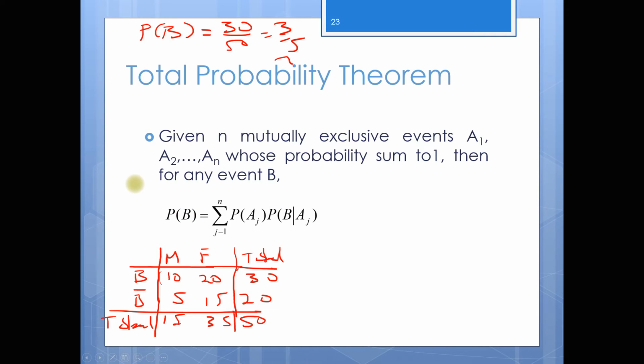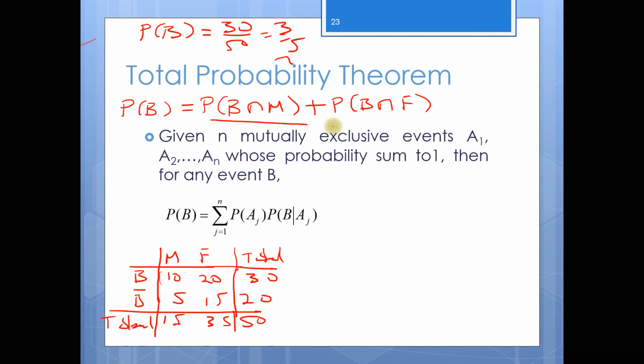Okay. If I ask you to find the probability of a student wearing black, you might agree with me that the probability that a student is wearing black is the same as the probability that a student is wearing black and is a male, or, which is plus, the probability that a student is wearing black and is a female.